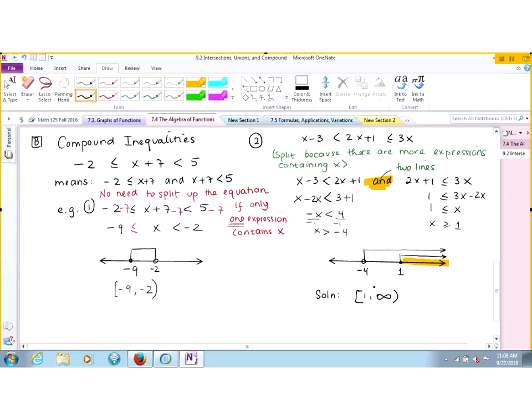Easy? Okay. So now question, when do I split up the compound inequalities and when do I not split up? Yes, so x's are on more than one side. Yeah. If not, then you don't.